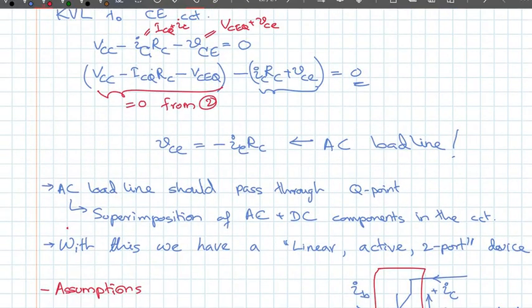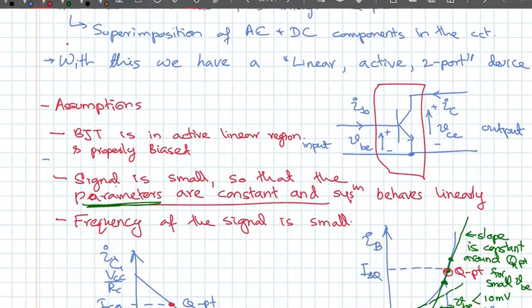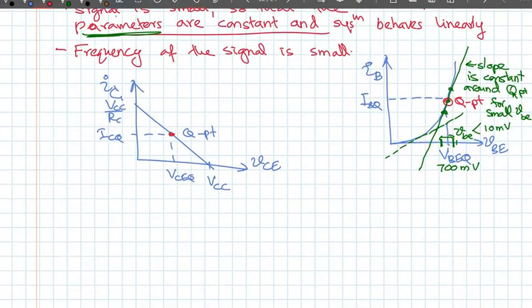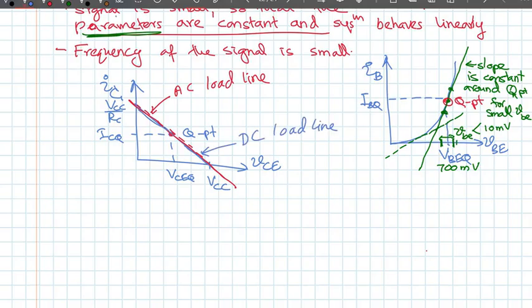The slope was IC equals minus 1 over RC times VCE. So the slope again is the same in this particular example. It could be different in general, but in this example it is the same. This is my AC load line. What you had earlier was the DC load line, so they are the same in this example.